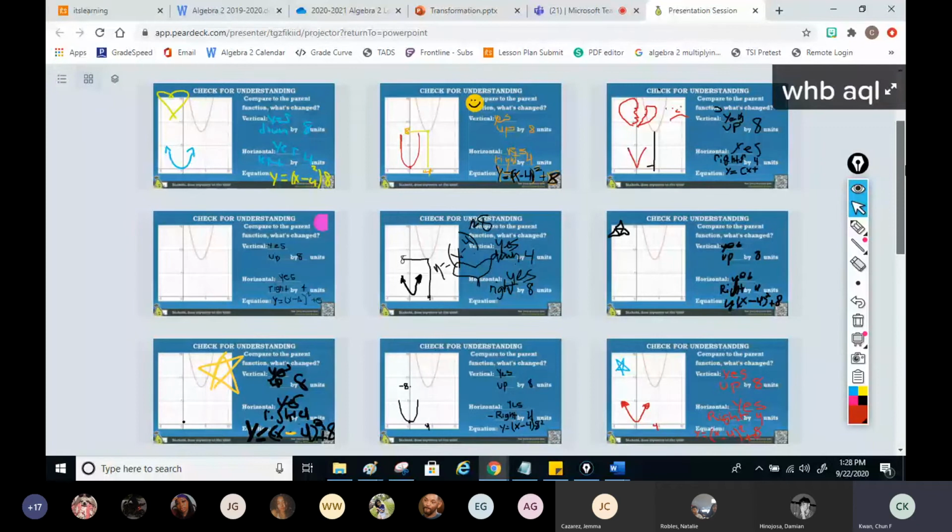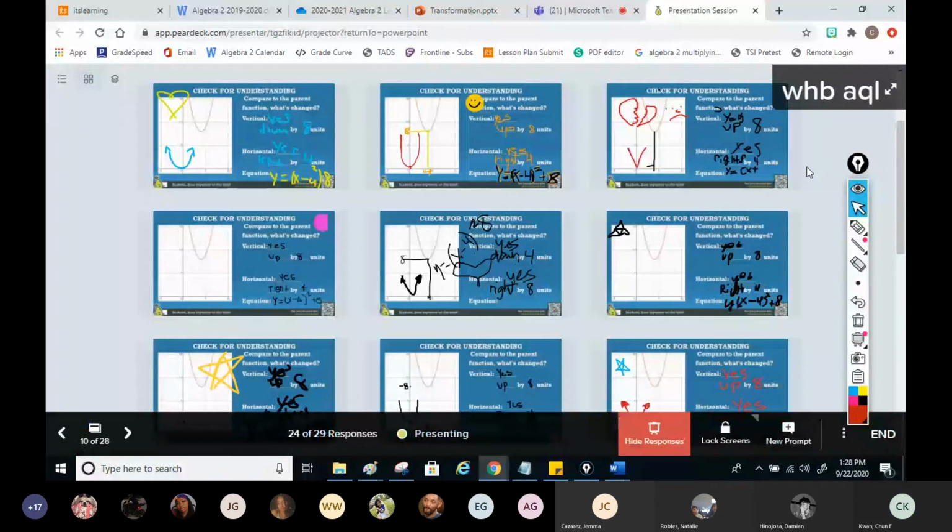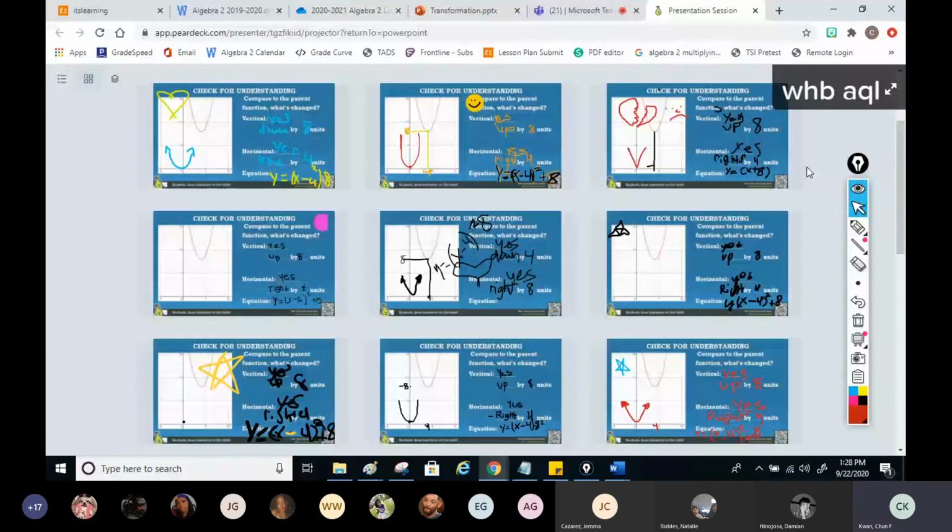Okay, I see you are correcting it. That's good. So make sure that you are correct on the vertical and horizontal. All right, no. Vertical is up 8 units. So that means the +8 will be at the very back.